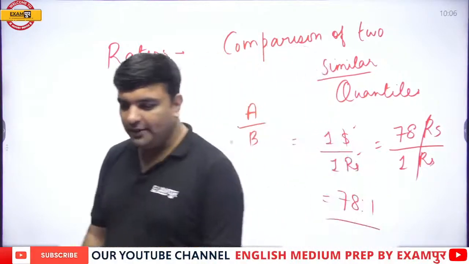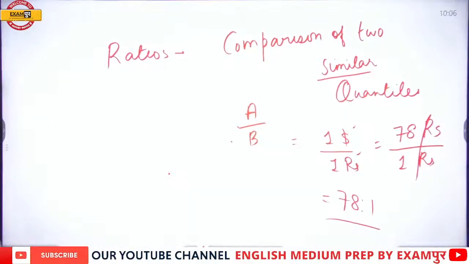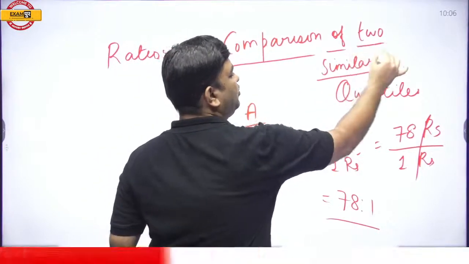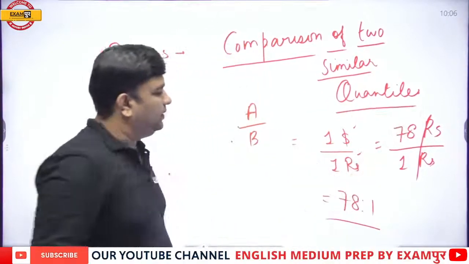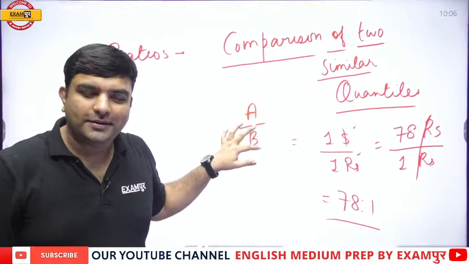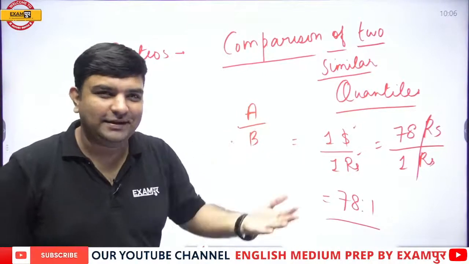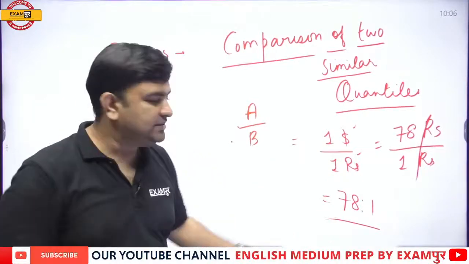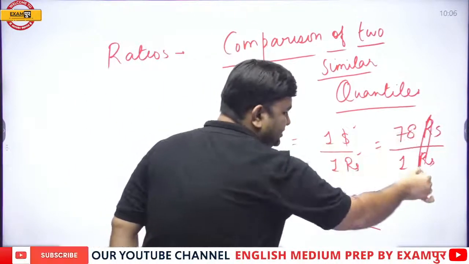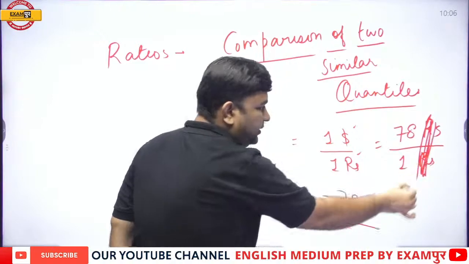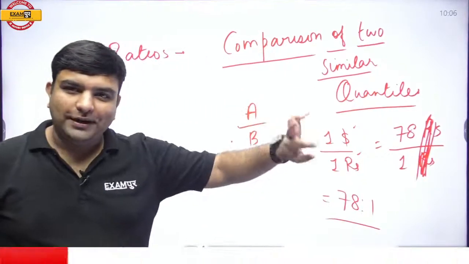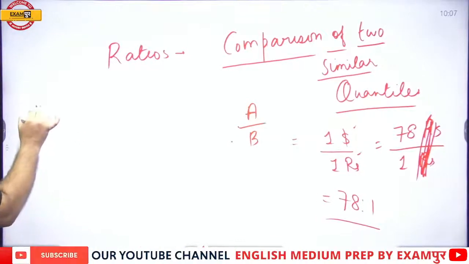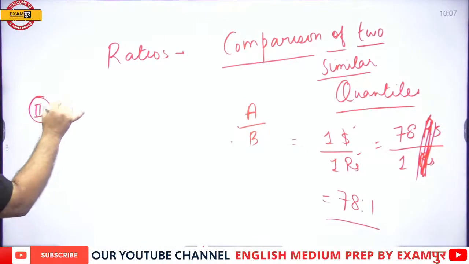Have you observed something? Ratio is a comparison of two similar quantities, but ratio in itself is a unitless quantity, because numerator and denominator units will get cancelled out.